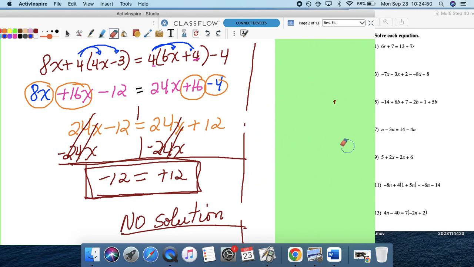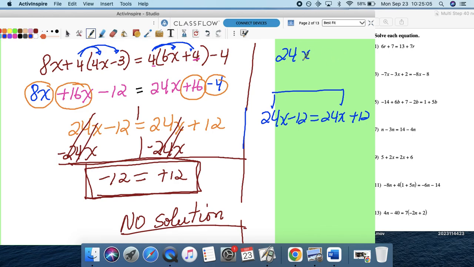We had a situation where, let me go back here, it's 24x minus 12 equals 24x plus 12. If you notice, these two were the same. So let me take the 12s out. Let's write 24x equals 24x. Let's say x was 2.